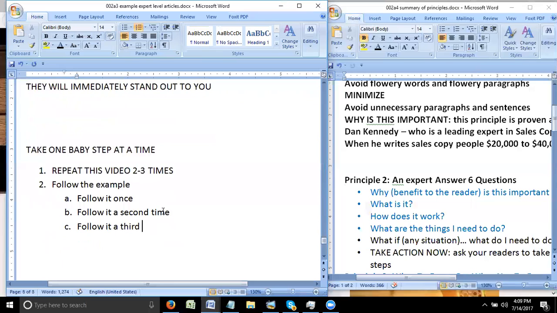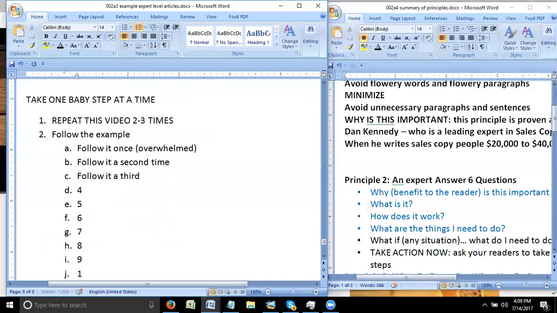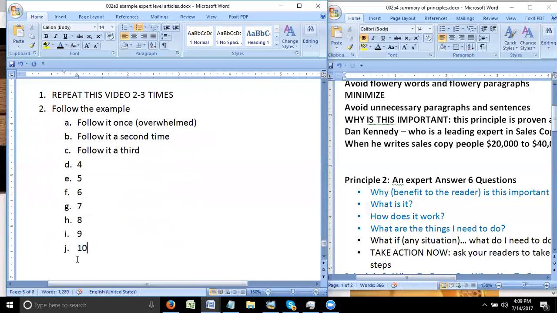And it's totally normal that when you are still doing it the first time, you're going to feel a little bit overwhelmed. But as you repeat it 3 times, 4 times, 5 times, up to 10 times, 100 times, because we are going to repeat this process for all of our projects, then you are going to gain more confidence.